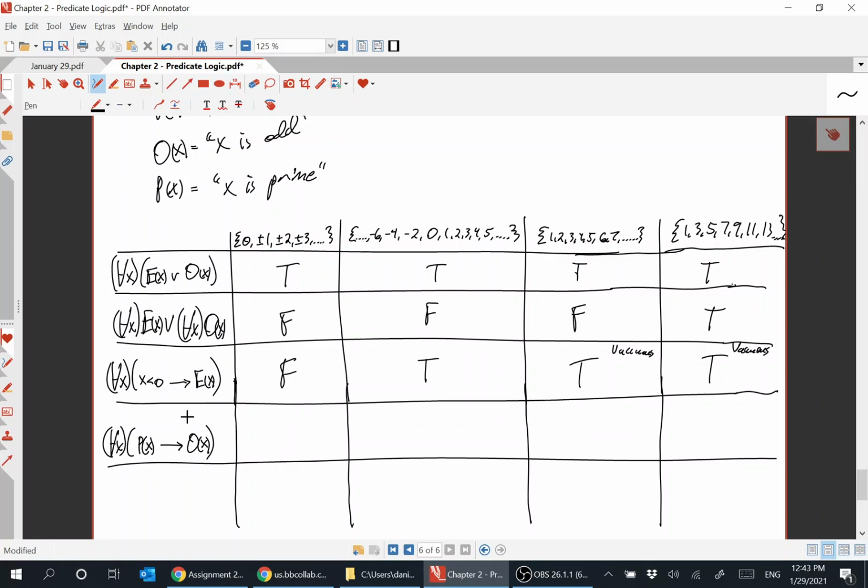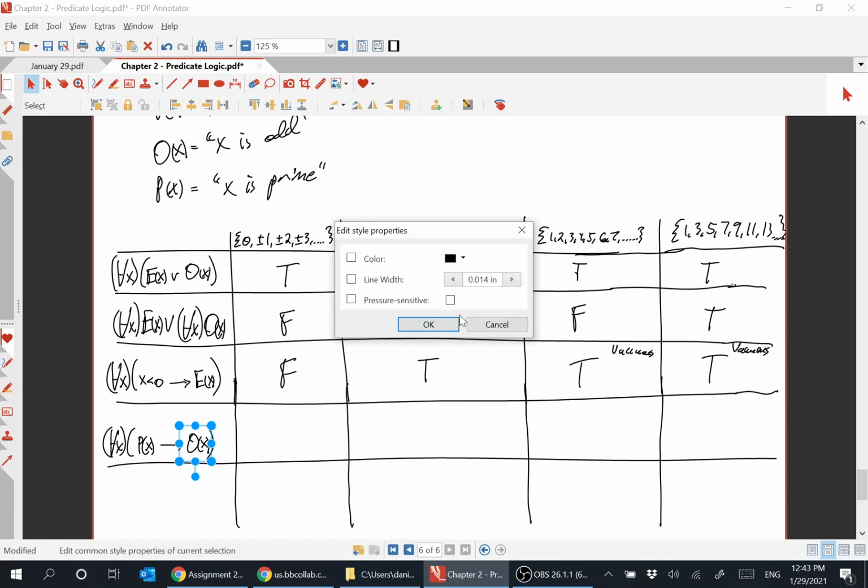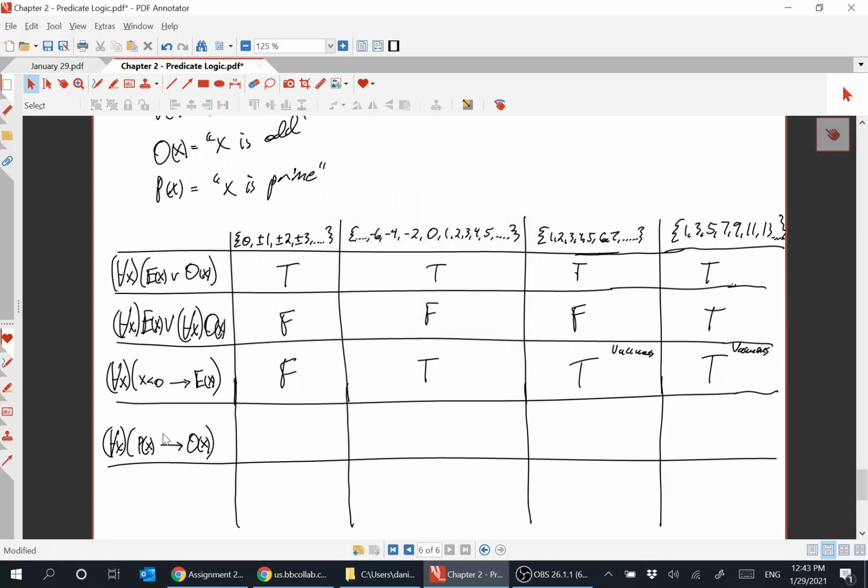Definition. Can't be divided by anything except itself and 1, right? So an integer x is prime when the only divisors of x are 1 and x. Okay, so, well, are they all odd, the primes?